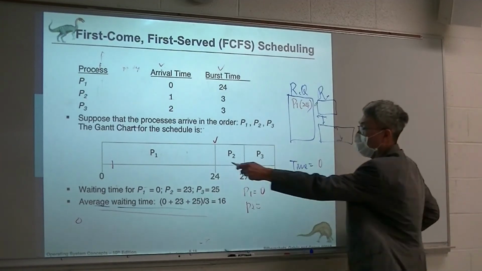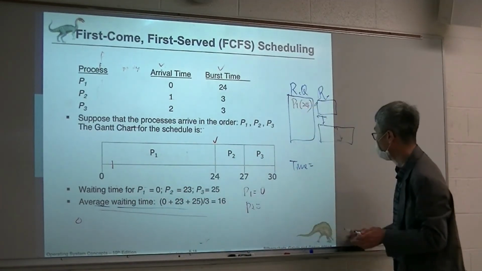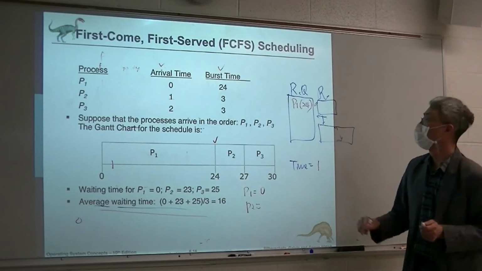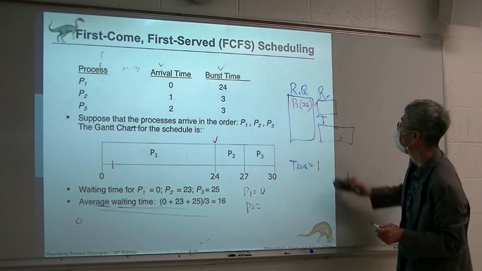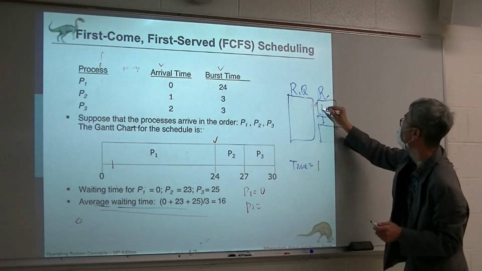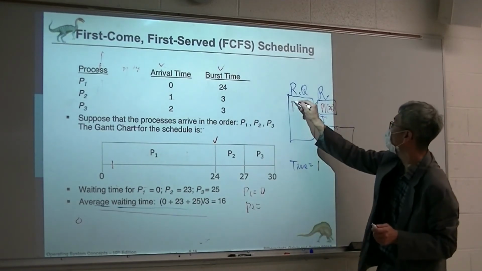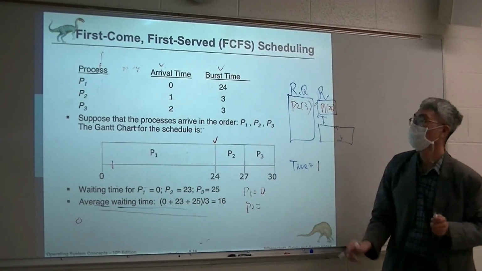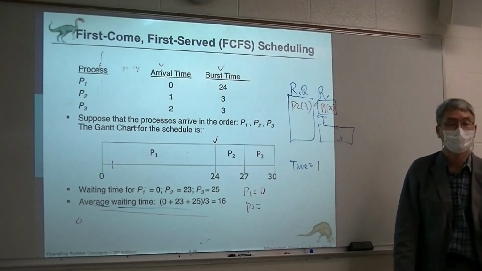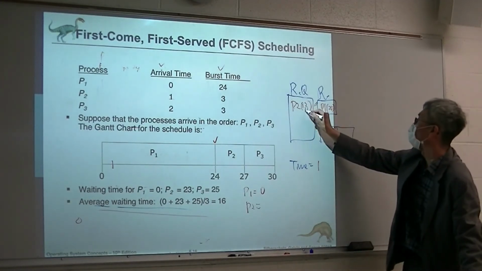Then at time 1, P1 is selected, 24. At time 1, P2 is alive. Like that. Okay? You need to manage the arrival time.